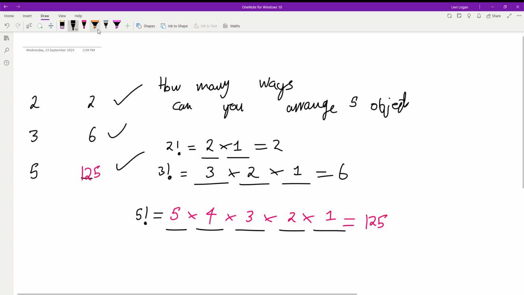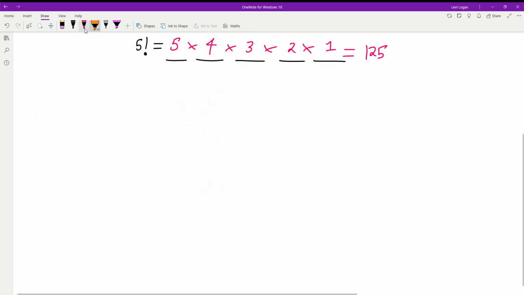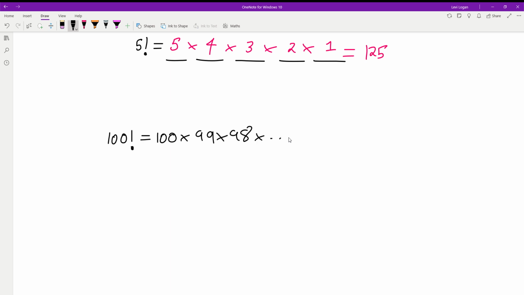This operation of multiplying from the starting number all the way down to 1 is taking the factorial of a number. So for example, 100 factorial, how many ways you can arrange 100 objects, you would go from 100 times 99 times 98, all the way down to 1. A big operation there.